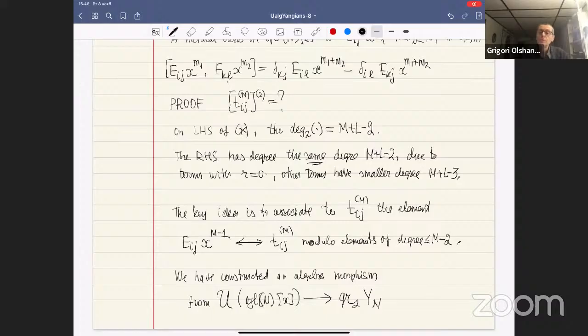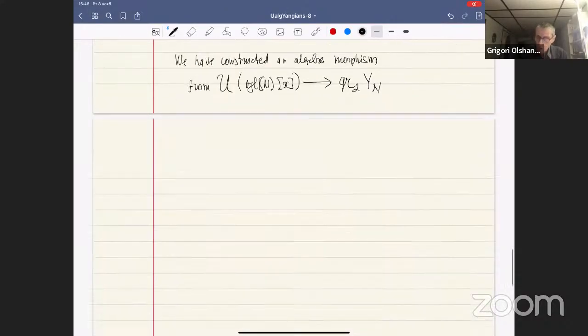We need to prove that the kernel is trivial, but this is a consequence of the Poincaré-Birkhoff-Witt theorem. A little argument will show it.